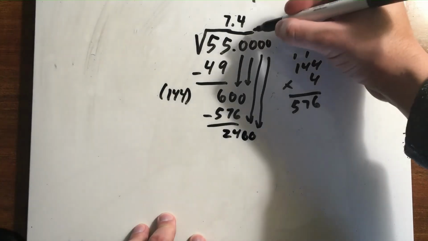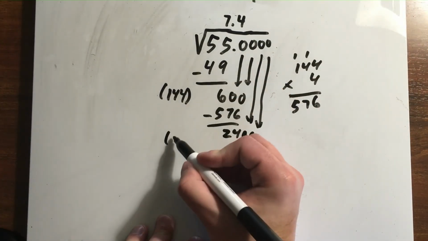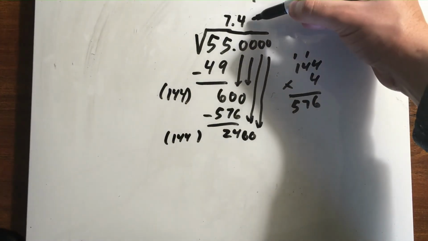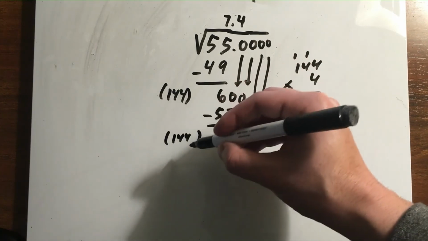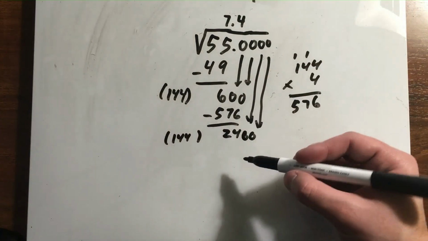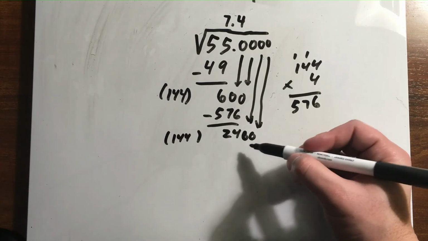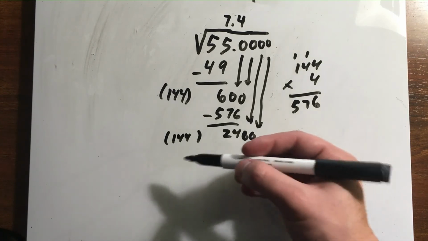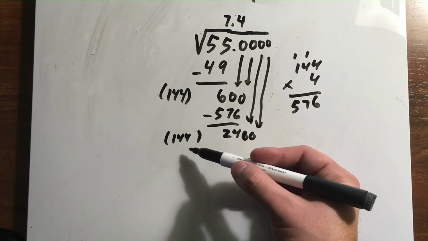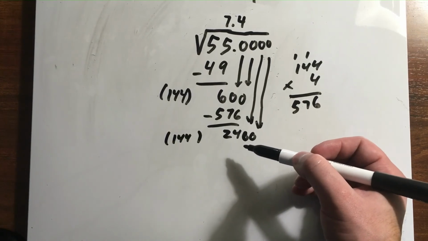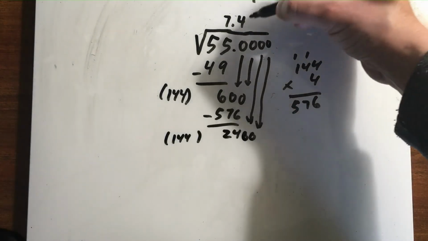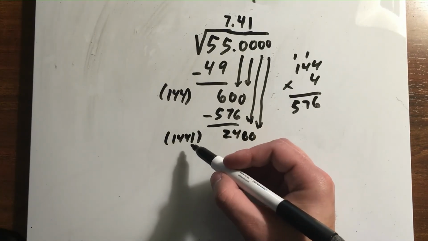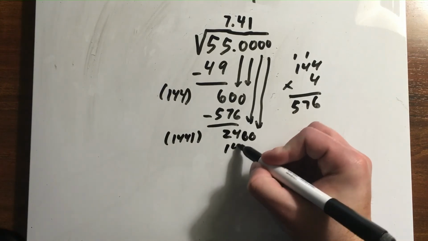So 2400, we're going to take this 144 in parentheses, leave a bit of space for a single digit. Now what number can we put here and here that when we multiply those two numbers together gives us something less than 2400? As close as we can get to 2400 without going over. Well, it's going to have to just be 1 and 1. 1441 times 1, 1441.